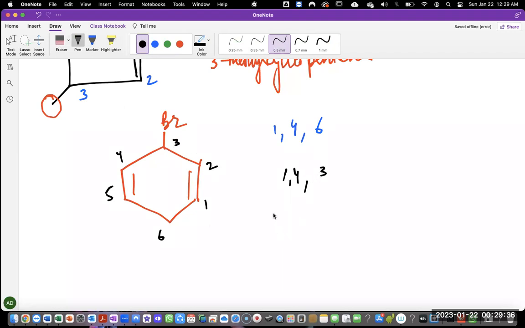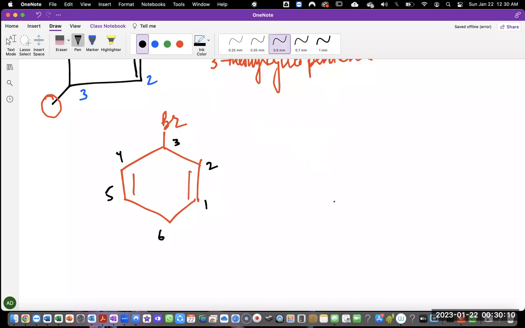So you see how by just switching this direction, instead of going 1, 2, 3 downwards, we should go towards the substituents, and that will give us the smaller number for the substituent. So 1, 4, 6 is definitely not as good as 1, 4, 3. So we want to go 1, 4, 3. Let me remove this numbering from here. So 1, 4, 3 is the way to go, right?